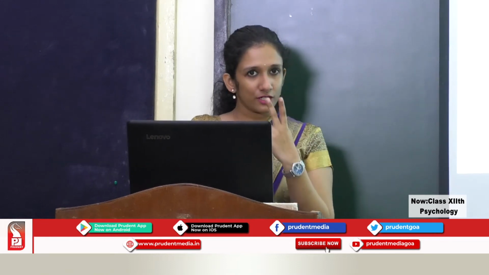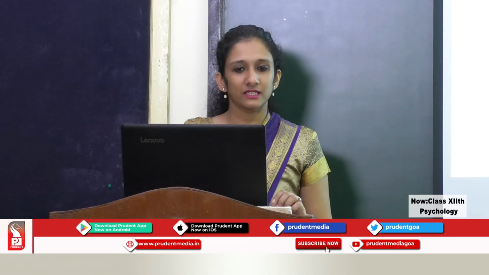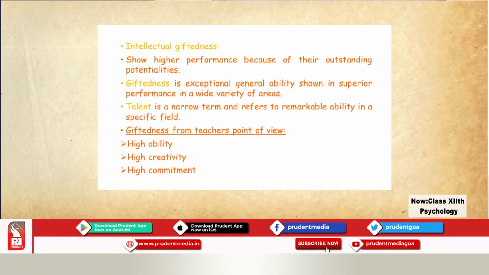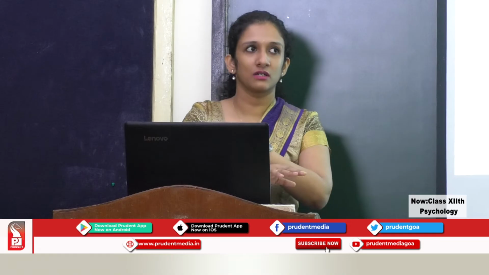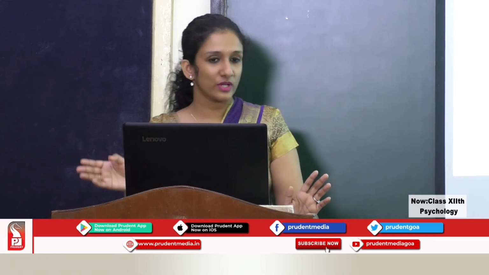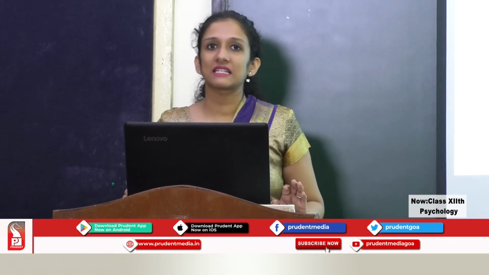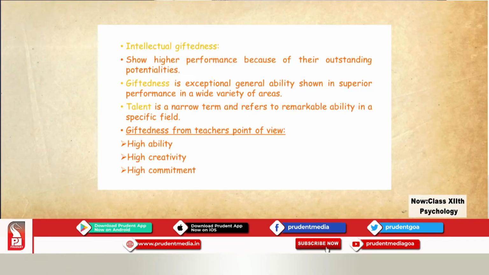So, here there are 2 points, giftedness and talent. It may sound similar, but the difference between the two is giftedness is exceptional general ability shown in superior performance in a wide variety of areas. Okay. So, when you have a general ability in many areas, in a wide variety of areas, that is referred to as giftedness, whereas talent, when you say the word talent, it is a narrow term which refers to remarkable ability in a specific field.